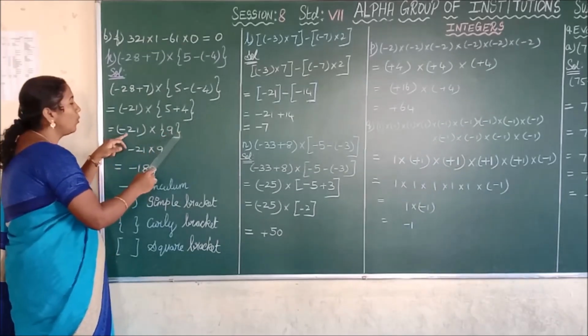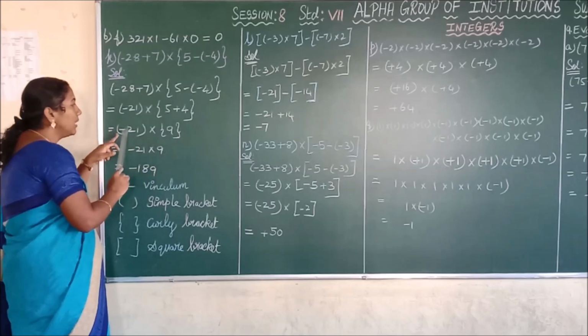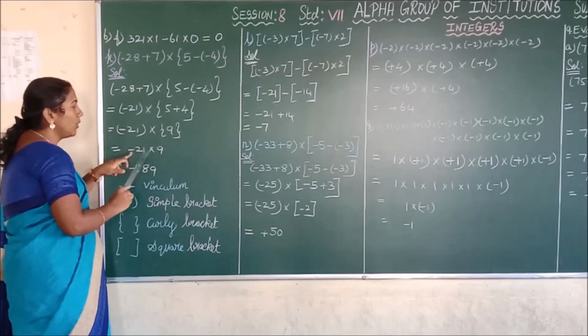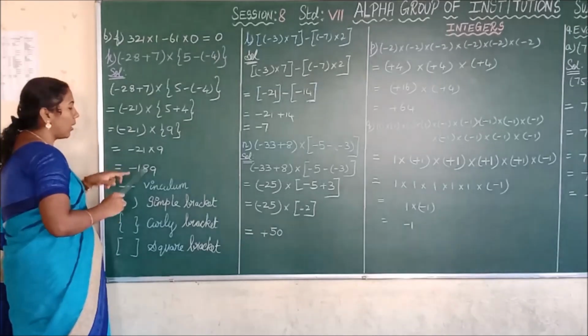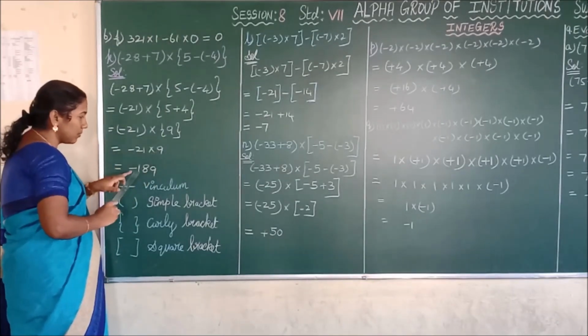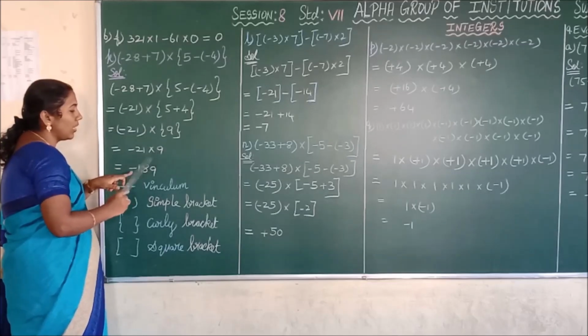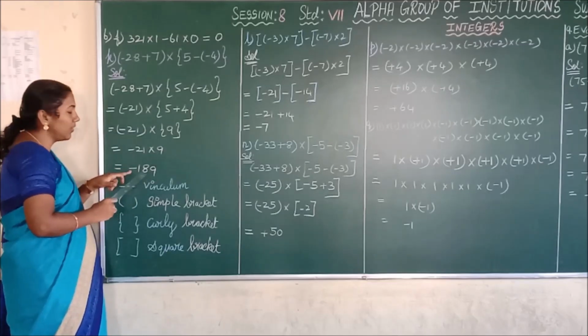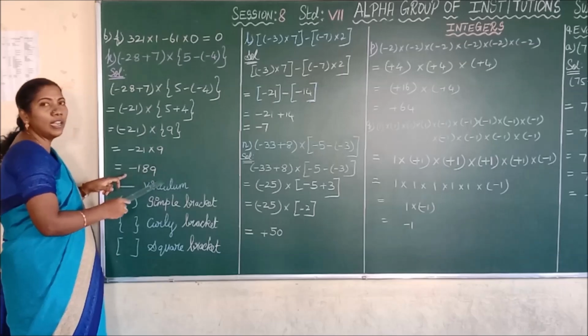Now you have to multiply these two integers. Minus into plus is minus, 21 into 9. Minus 21 into 9. 9 1s are 9, 9 2s are 18. Thus we get the answer minus 189.